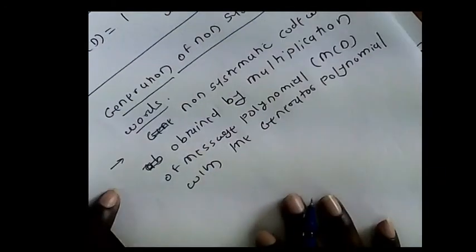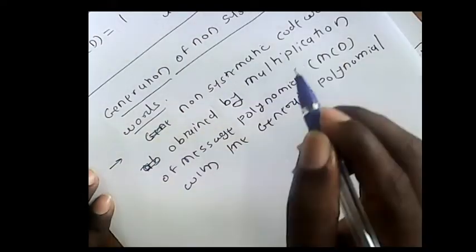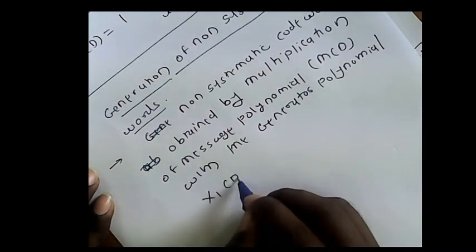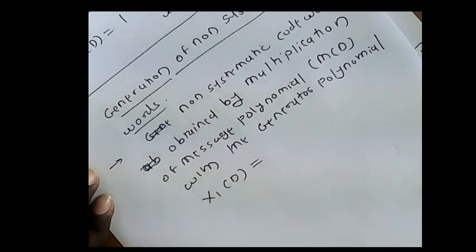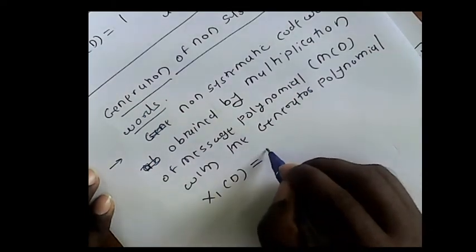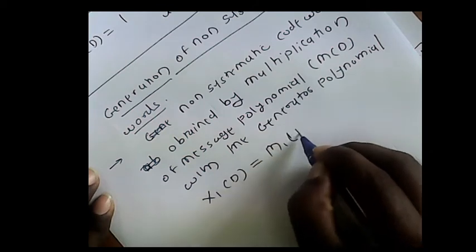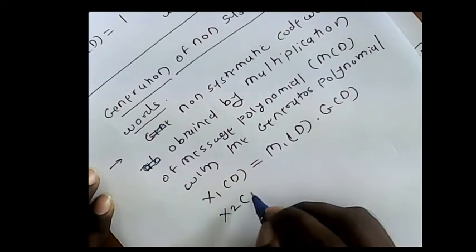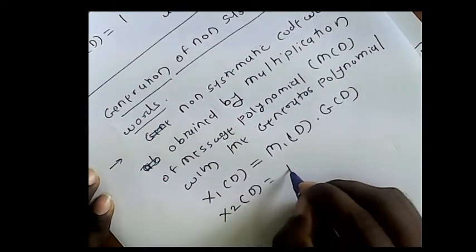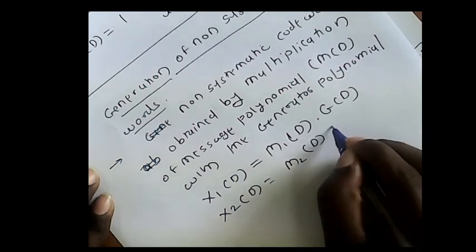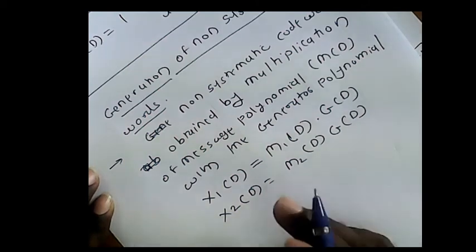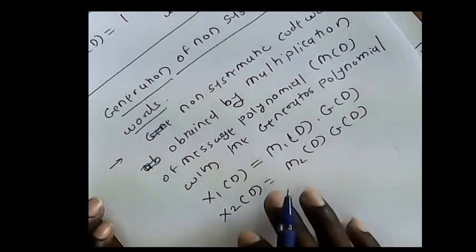So we can write as follows: x1 of d, the first non-systematic code word polynomial, is equal to m1 of d, the first message, into g of d. Similarly, the second code word polynomial is the second message polynomial multiplied by the generator polynomial. In this way we can get the various non-systematic code word polynomials.